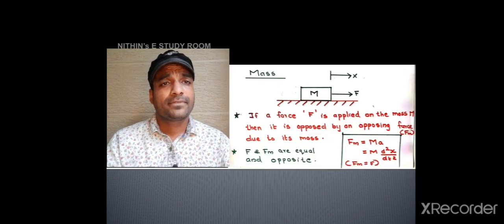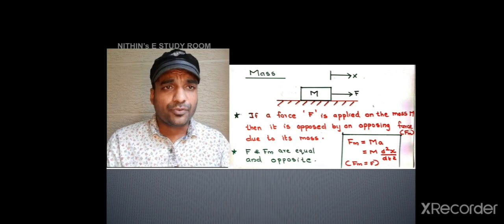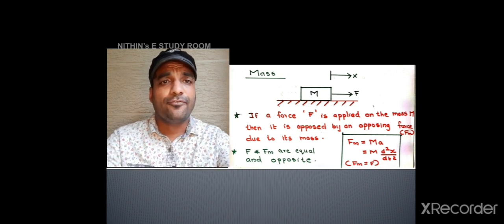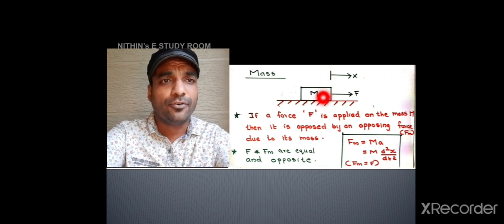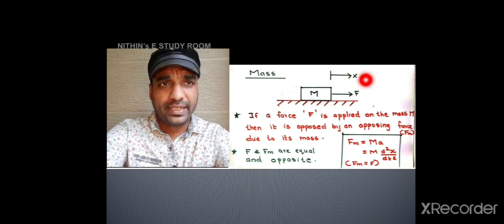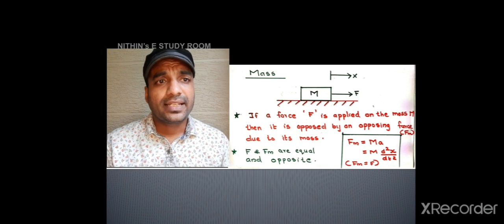Here is a brief recap of what we did in the last class. If I have to model a mass and we apply a force F like this, then the mass will move in the x direction by a distance x, as shown in the figure.